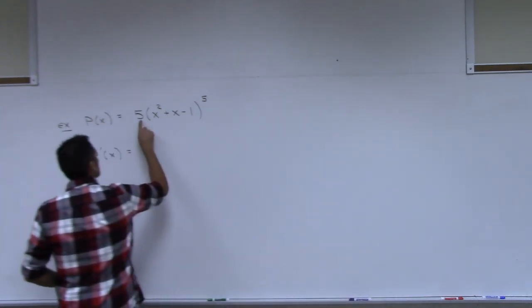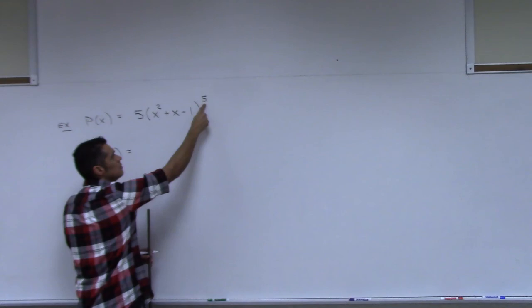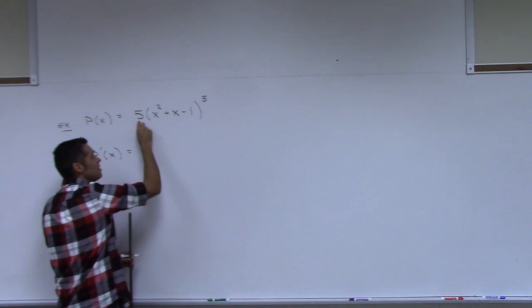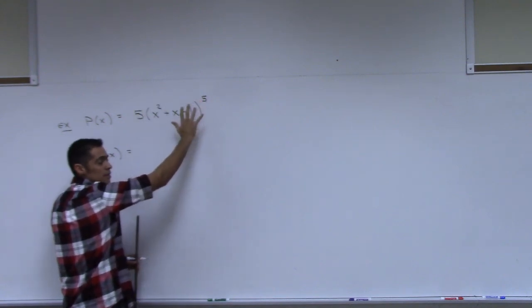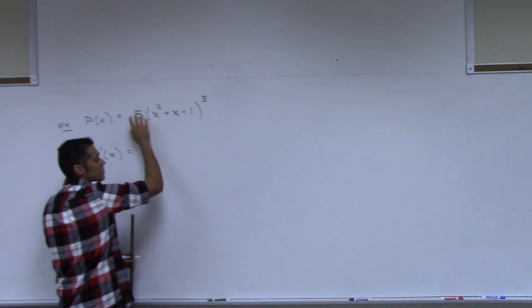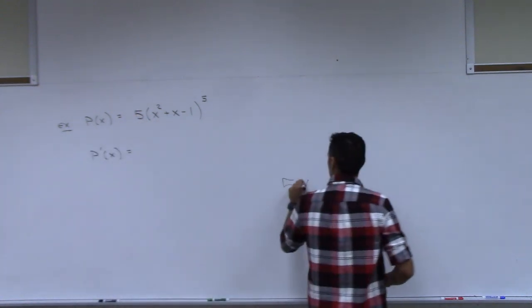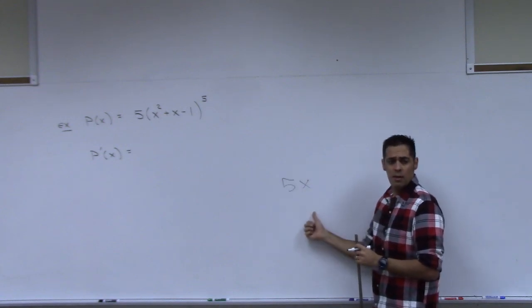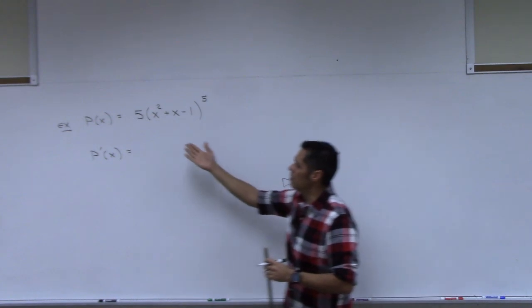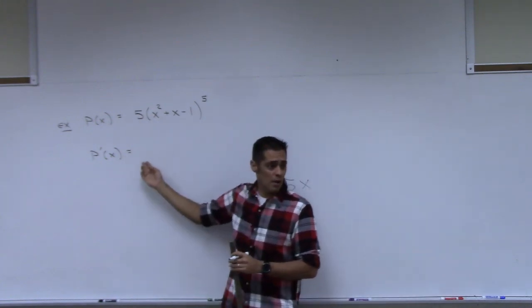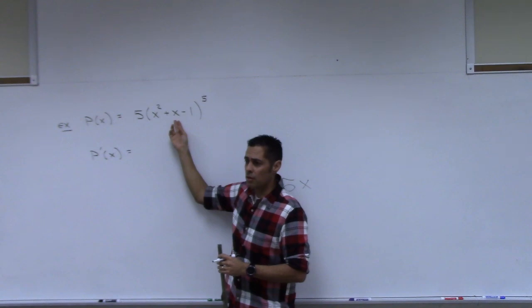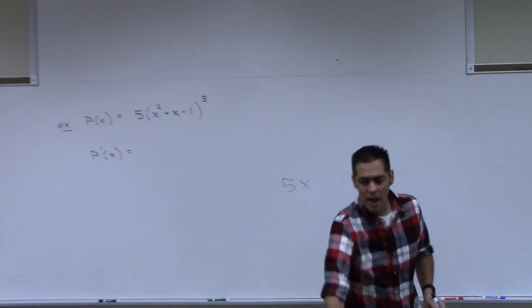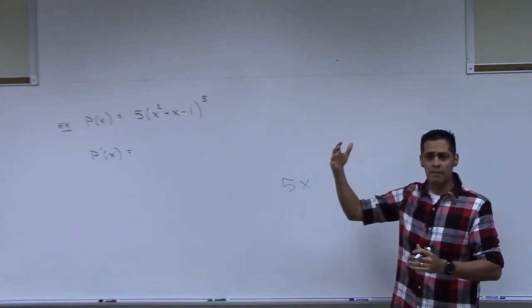Is this 5 right here being raised to the 5th power? No. Is this 5 attached to a constant? Is this constant attached to a function? Yes, right? It's like when we have 5x, right? That 5 is just sitting out in front of the function, and you just bring 5 along for the ride, derivative of x is 1. Okay, so that 5 out front, when I take the derivative, it's just going to come for the ride, isn't it? Because it's attached to a function. This piece right here, I can use the generalized power rule for. I have something raised to the 5th power, right?